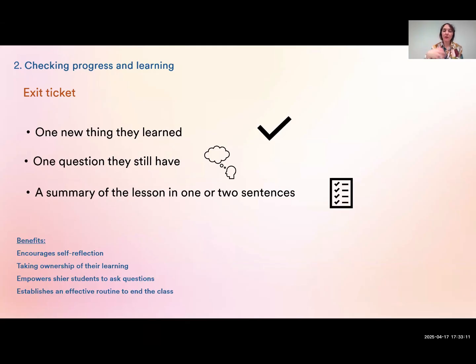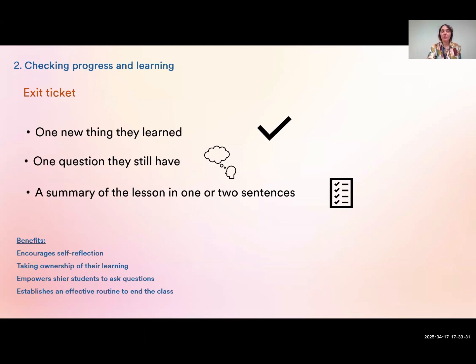So knowing that if I've learned how to describe people, now when I'm outside the classroom in the real world, I can talk about my friends better. So being able to be aware of that.